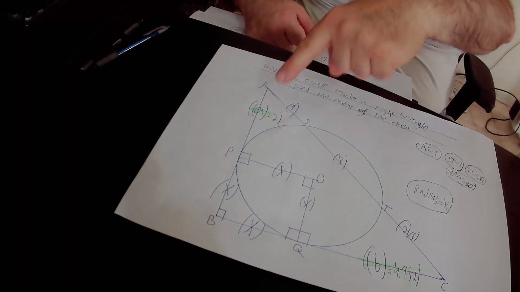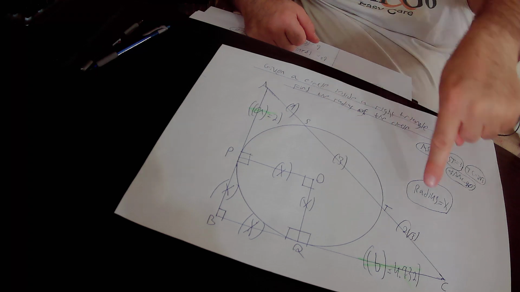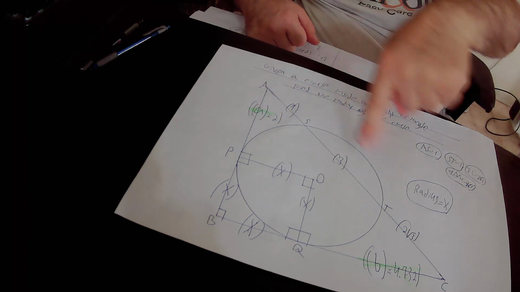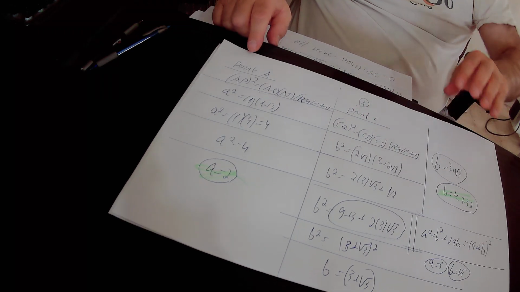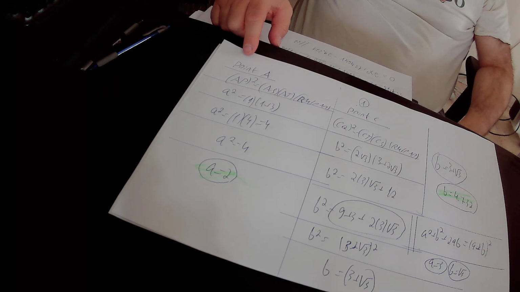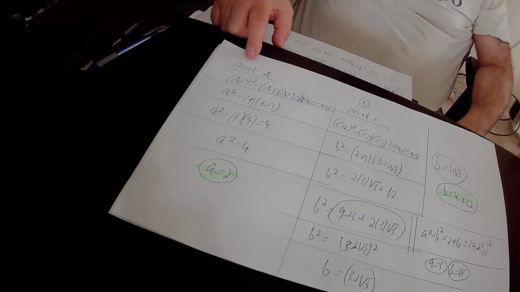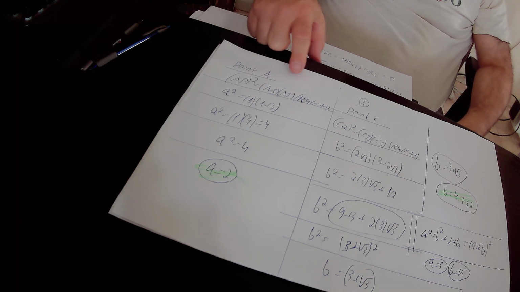According to rule 10, AP squared equals AS times AT.